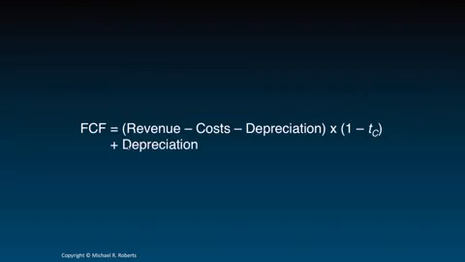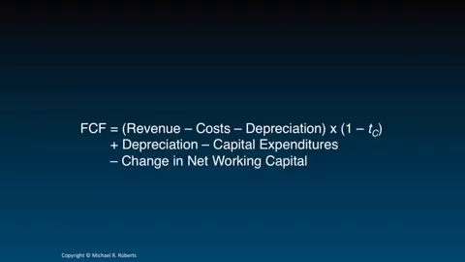And again, that's just to net out the subtraction of depreciation here. It doesn't represent a true cash flow. What it does represent is a tax shield. So we add back in the depreciation. Then we're going to subtract off capital expenditures or any investments we have to make. And then finally, we're going to subtract off the change in net working capital.